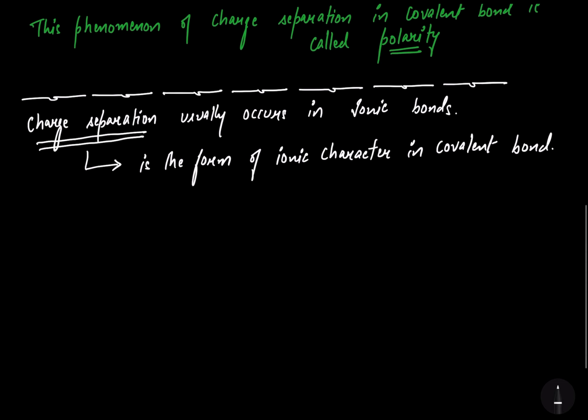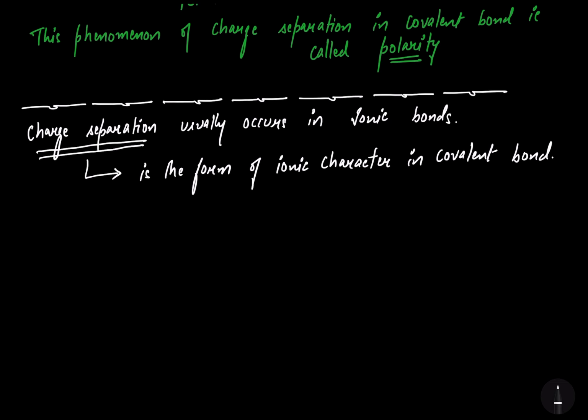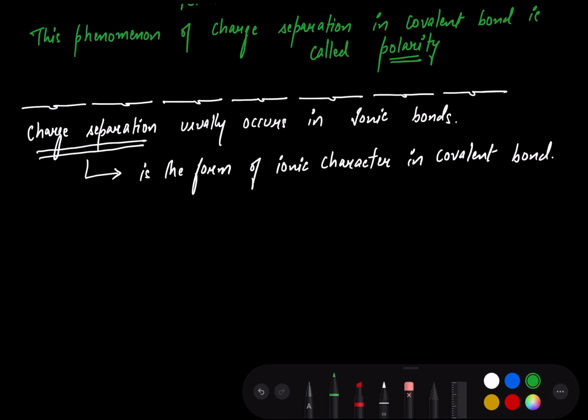And what is the exact meaning of polarity? Polarity is the property which measures the extent of ionic character in covalent bond.